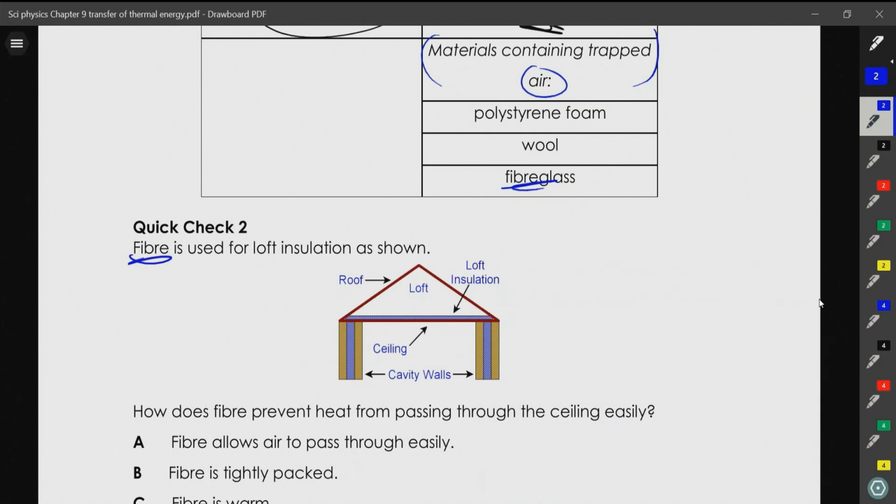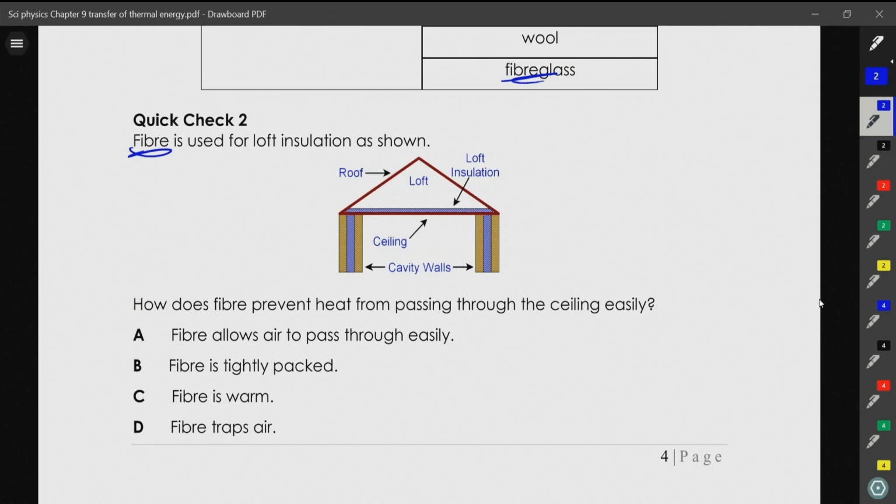One of the reasons is that air is a poor conductor of heat, and therefore if you trap air, the air is going to allow heat flow to be slower. So how does fiber prevent heat from passing through the ceiling easily? Fiber does not allow air to pass through easily. Fiber is not warm, fiber is not tightly packed.